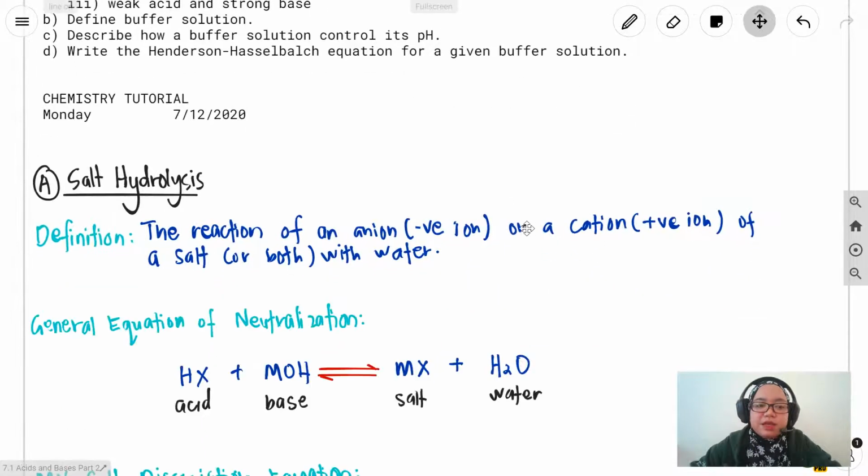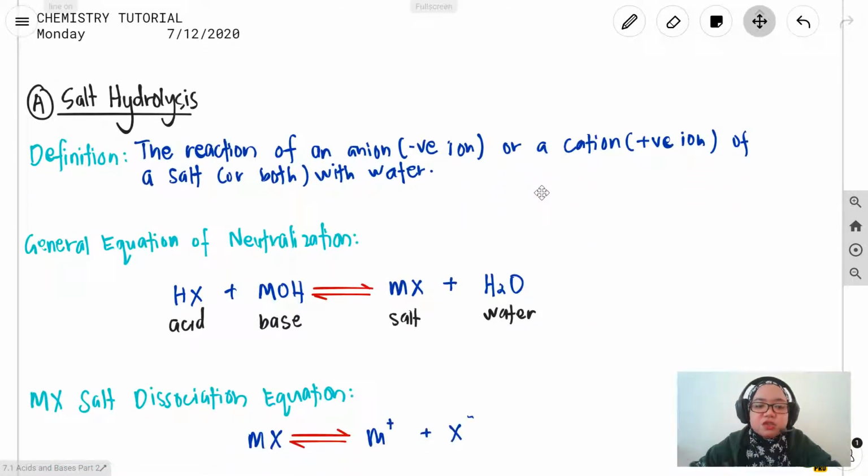Okay, so what is actually salt hydrolysis? Salt hydrolysis is actually the reaction of an anion or a cation of a salt with water. So how are we going to get this salt? This salt we get from the neutralization process of an acid and base. So an acid and base undergo neutralization to form salt and water.